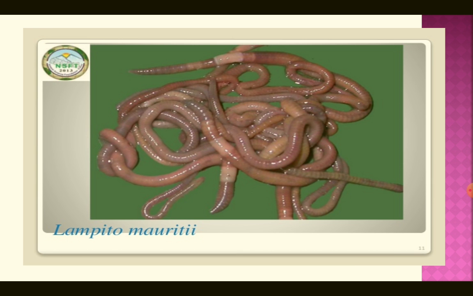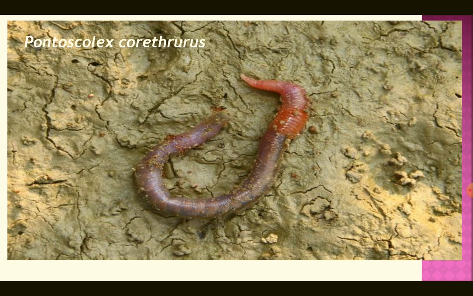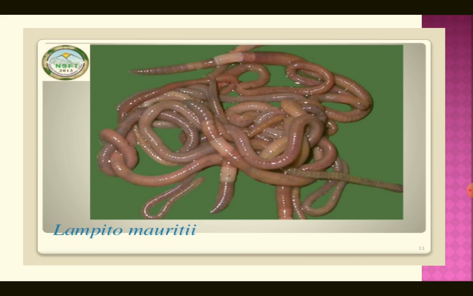So this is an anecic form, and this is one more species called Pontoscolex corethrurus, which is an endogeic form. This is Lampito mauritii, an anecic form, which makes vertical burrows, and they feed on organic matter.